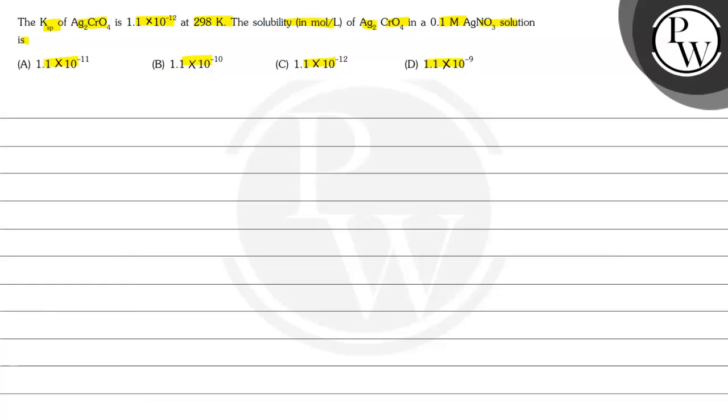And first of all we will start with the key concept in this case. So here the value of KSP is given and the amount of AgNO3 is also given. So here at first we have AgNO3. This will dissociate into Ag plus and NO3 minus.